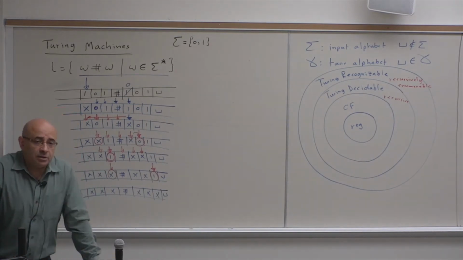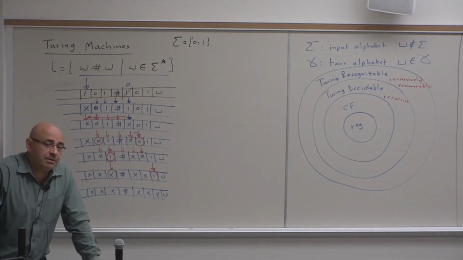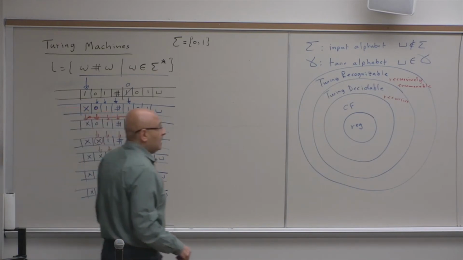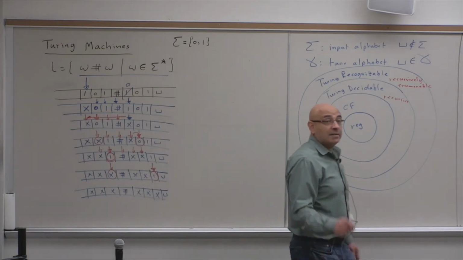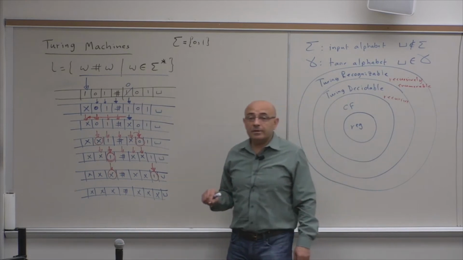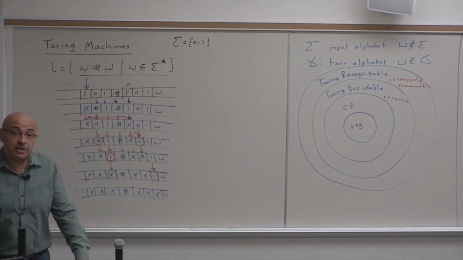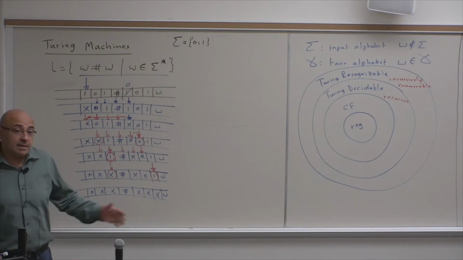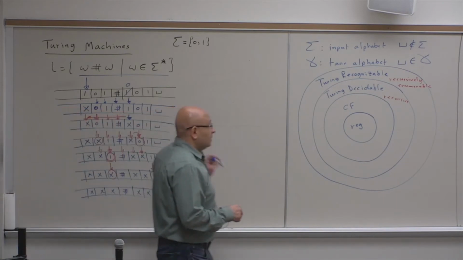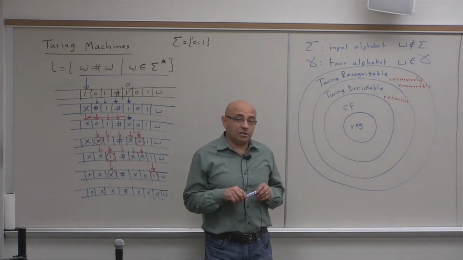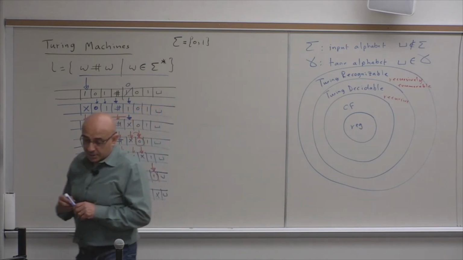In fact, you can think of the Turing machine as a primitive model for a general purpose computer, but it can do everything. It can do anything that a general purpose computer can do. It may take more steps, but you can do with it anything that a general purpose computer can do.